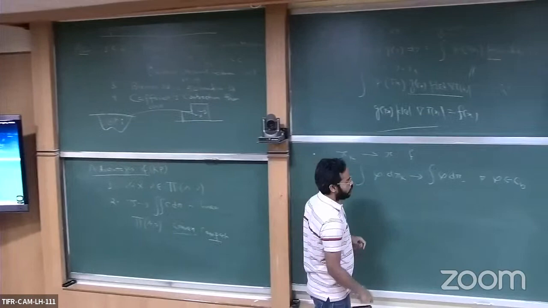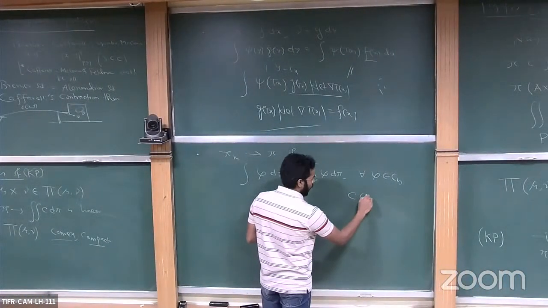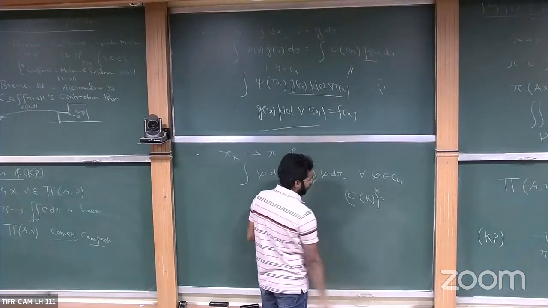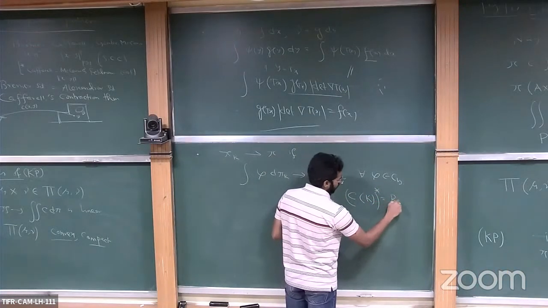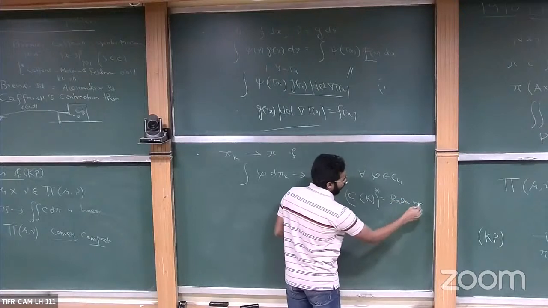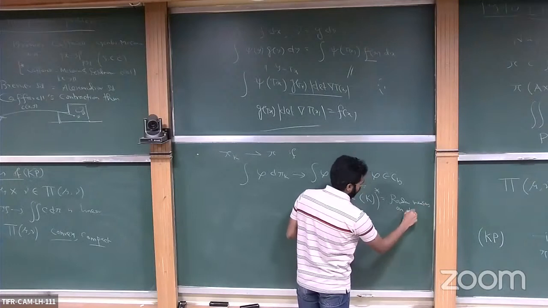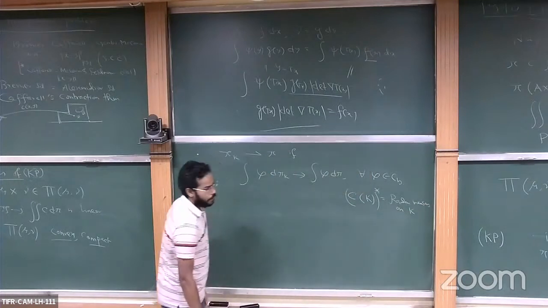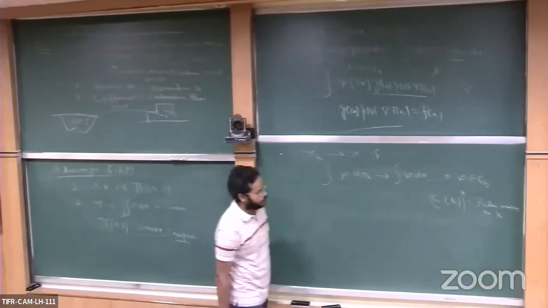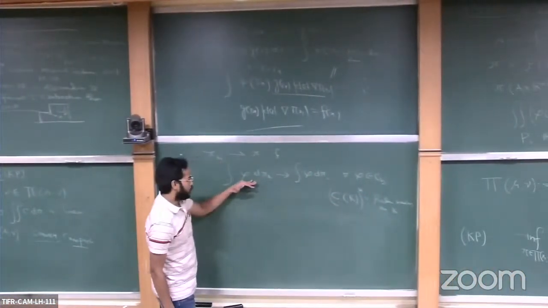If you consider the continuous functions over a compact set K, and if you consider the dual, these are the set of all Radon measures. Therefore the weak star convergence will be against continuous bounded functions.